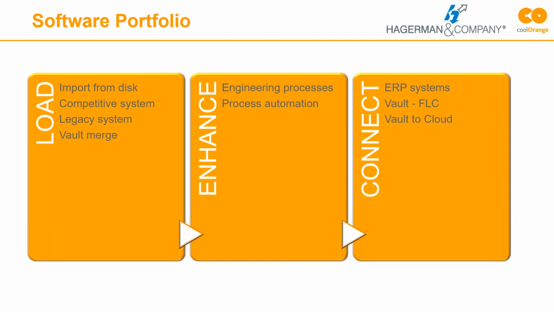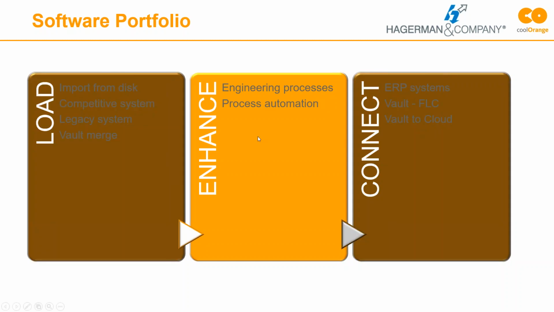Again, the webcasts the last few weeks and today have been focusing on this enhanced portion. And then the connect portion, PowerGate, which enables bi-directional communication between Inventor, Vault, and other business systems. So there's just a really broad range of things that coolOrange can provide when it comes to working with Vault, integrating Vault with other systems, and starting out with Vault as well.